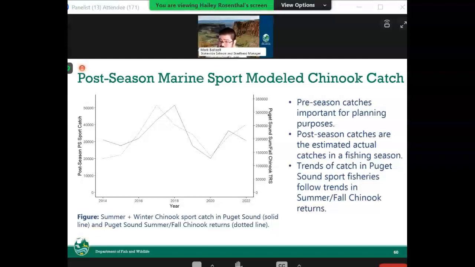The preseason catches we talked about are really important for the planning piece of what we do each year. These postseason catches are the actual estimated catches from each fishing season. What we were just trying to show here is that it's pretty clear that our recreational catches are following the summer fall run size in each of these years pretty closely. Next slide, please.